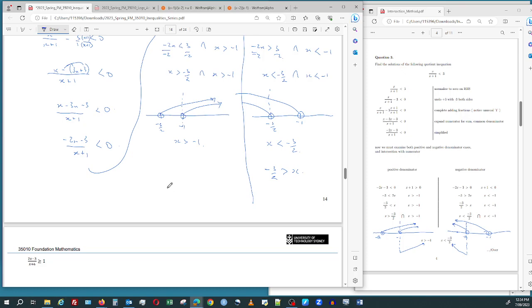Overall we'll have minus 3 on 2, which is minus 1.5, is greater than x, it's greater than minus 1, or x is less than minus 1.